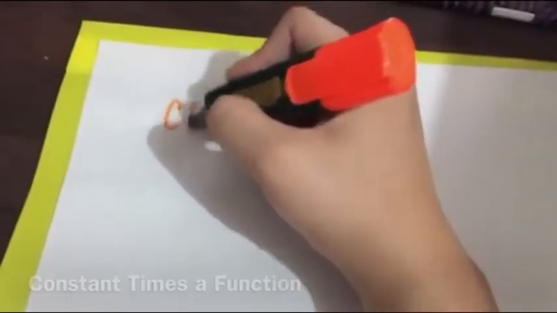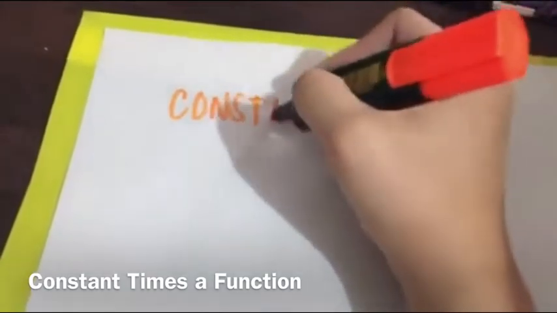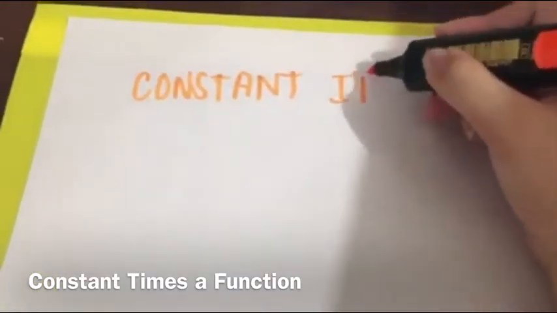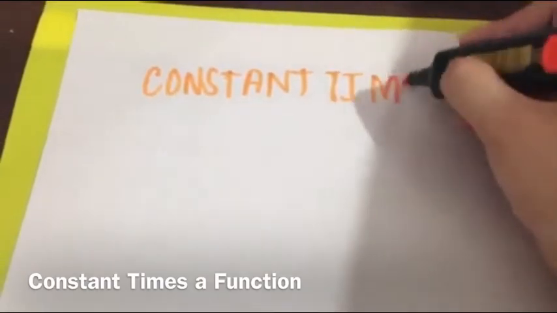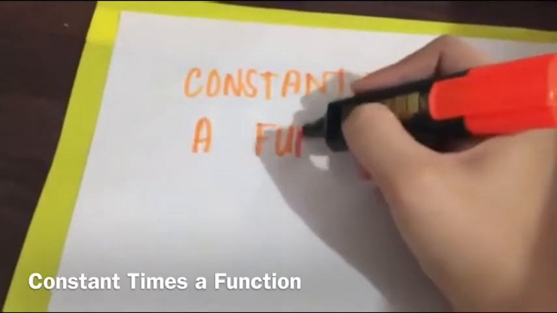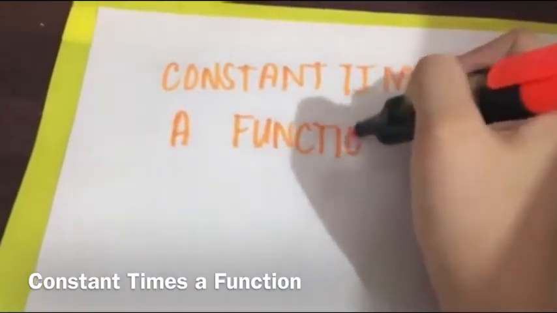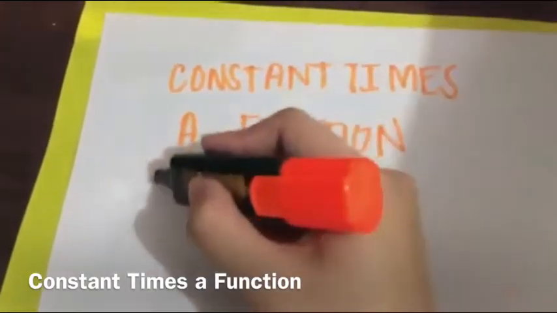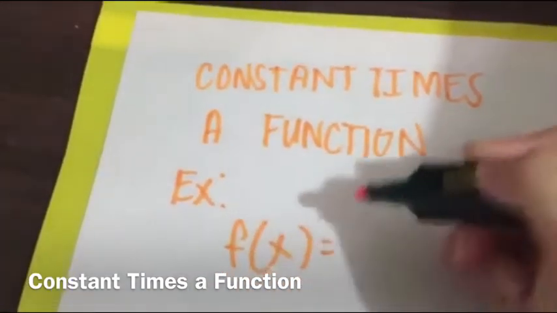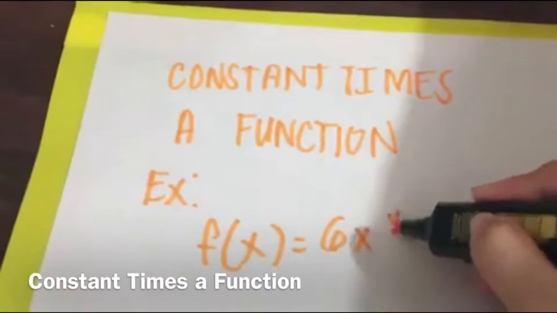Discuss how to solve a constant times a function. Example: f of x is equal to 6x raised to 4.